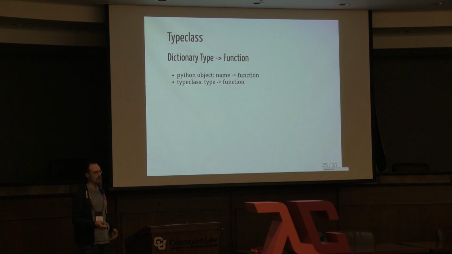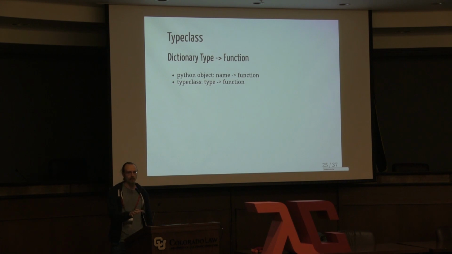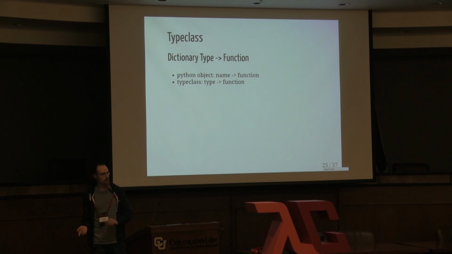It just happens that the syntax looks a little bit different, but if you do a little bit of reflection work in Python, an object is a dictionary, as most other things in Python, and your mapping from something to a function is a string. So you could say Python is stringly typed. And with type classes, you use the type to look up things. And that way you have a dictionary from type to function.